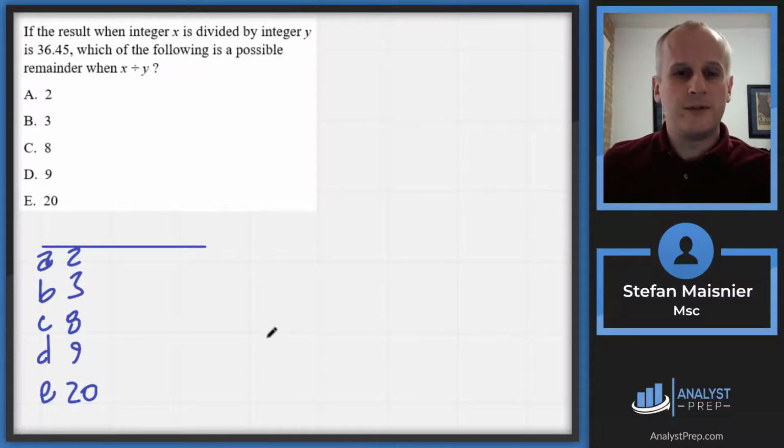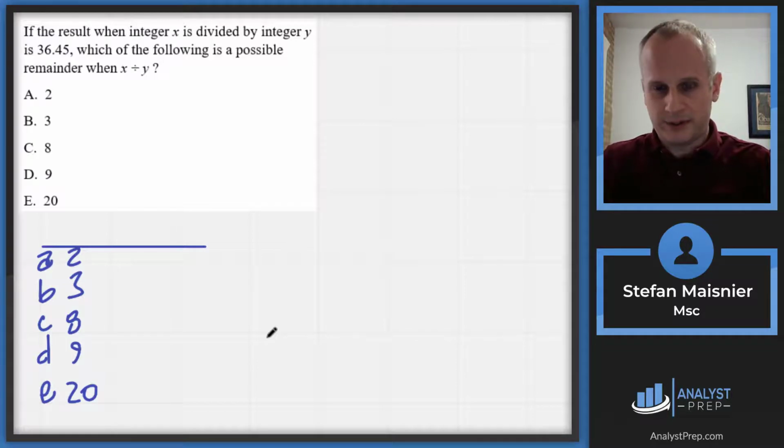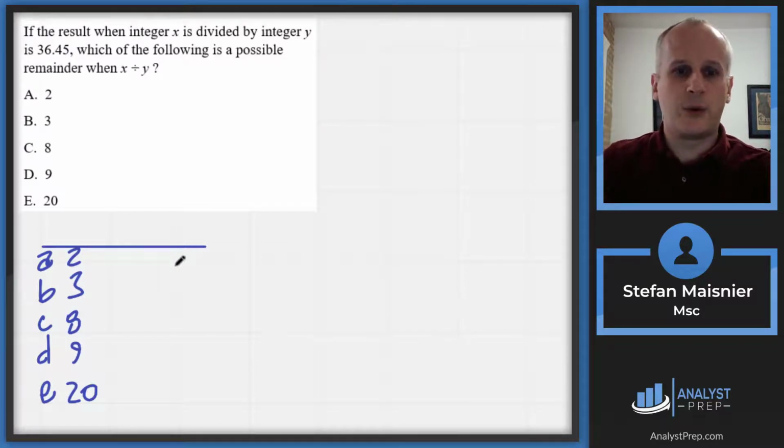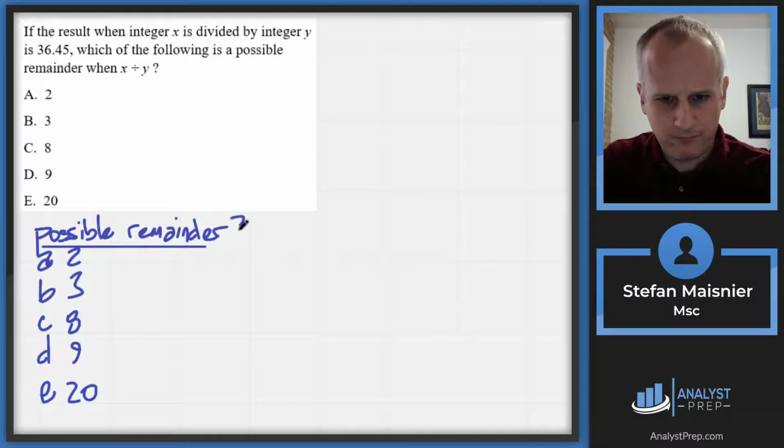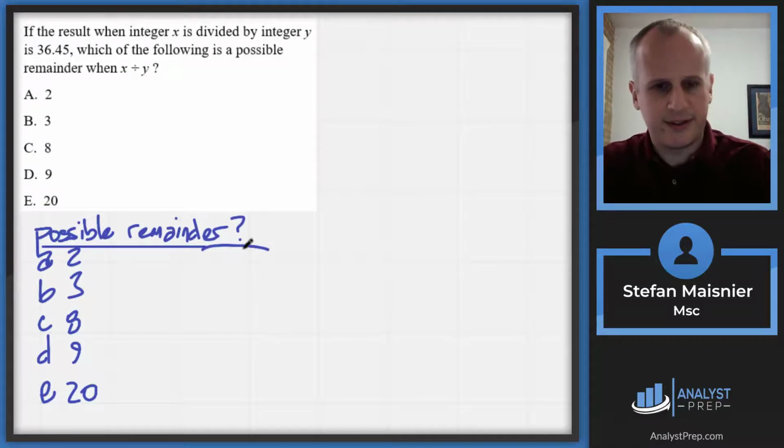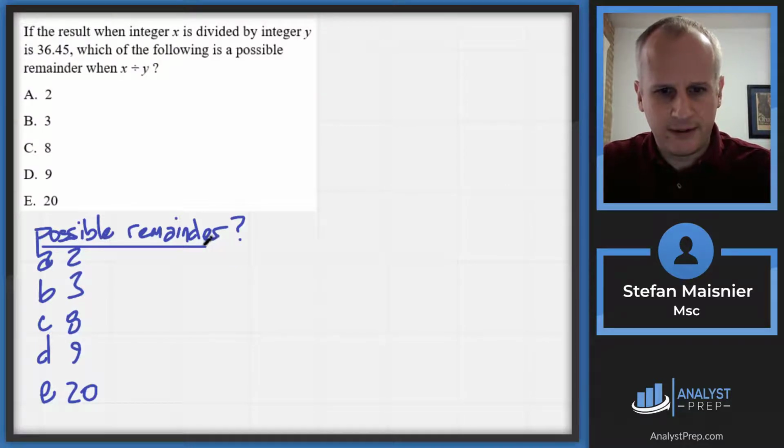So we find out, if we skip to the end of the problem, that we're being asked for a possible remainder. So we'll just write that as what we're seeking, a possible remainder, and we'll just have that over here.